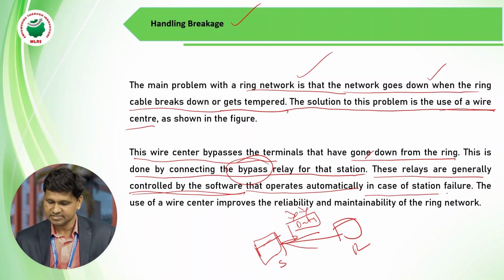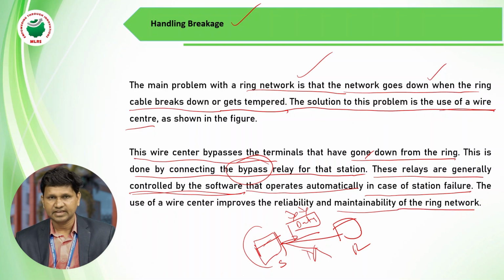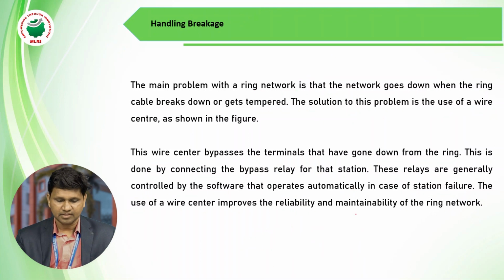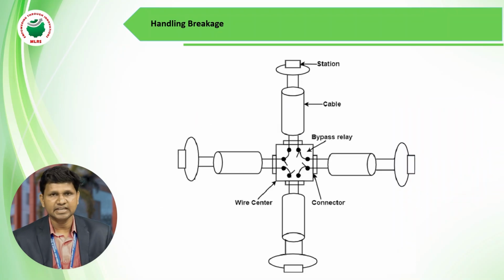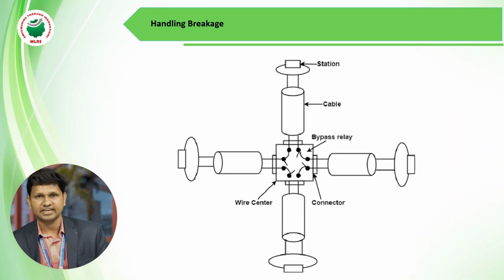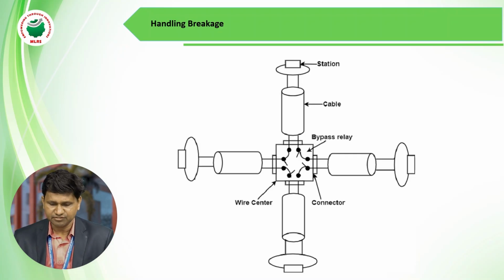In case of station failure, the use of a wire center improves the reliability and maintainability of the ring network. The main problem with a ring network is that the network goes down when the ring cable breaks down or gets tampered with. Now, using this diagram, we can understand the handling of breakage.